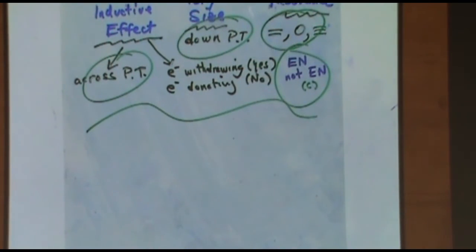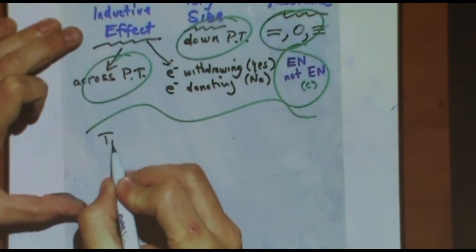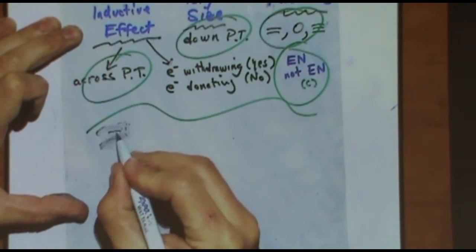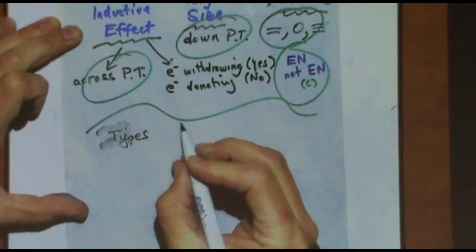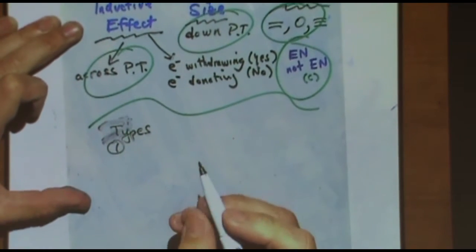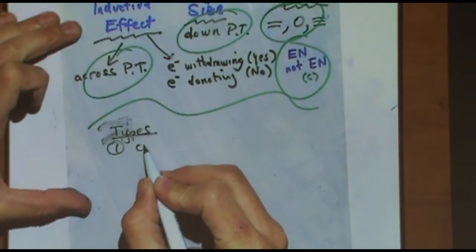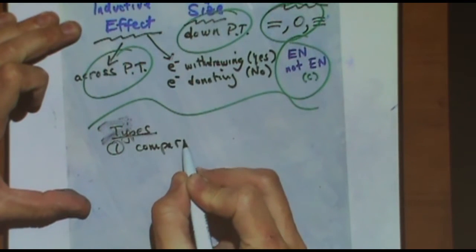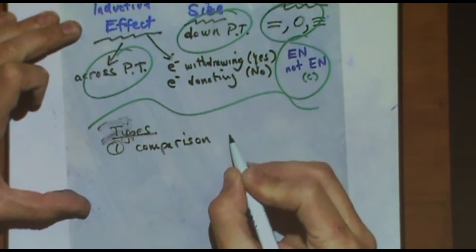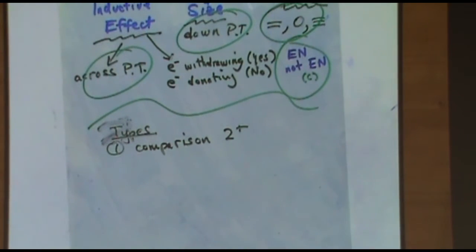What types of problems could you see? I think there's 3 types that come to mind at this moment. There could be more, but the ones I'm thinking of is just a comparison. I give you a comparison of 2 plus acids or bases, and you tell me which one's the strongest.